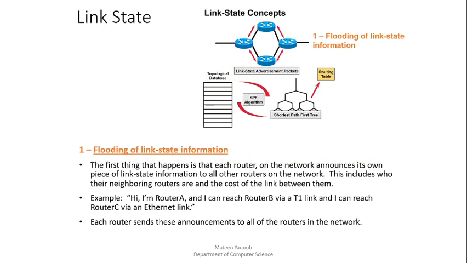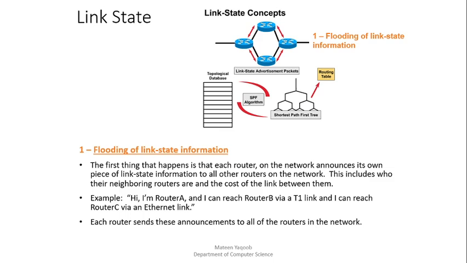So let's see how the link state concepts are applied in the OSPF routing protocol. The first step in computing the best path is to flood the link state information, because firstly no router knows about the cost of the other connecting routers.